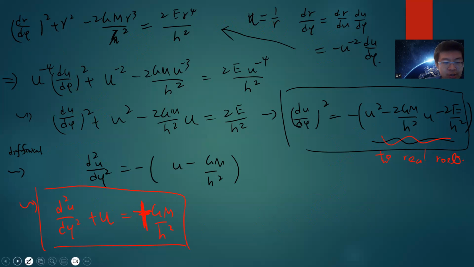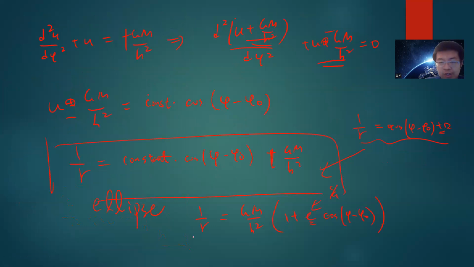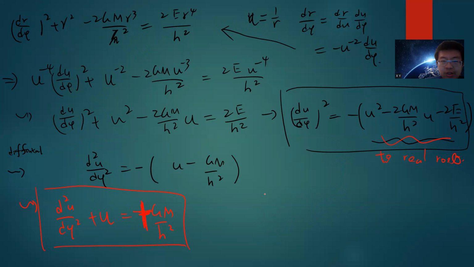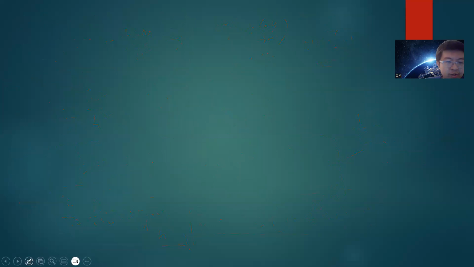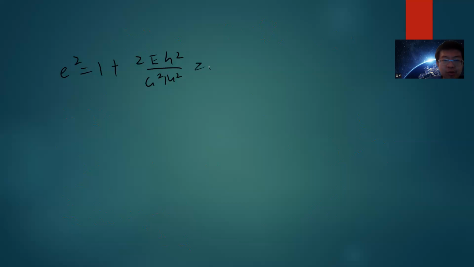And basically, let's see. If you plug this equation back into, let's say, this equation, then what you can find is the following. You can find that e squared is 1 plus 2Eh squared divided by G squared M squared, which is equal to 0.